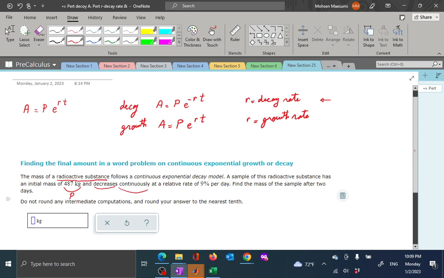Continuously, that's a continuous compounding problem we had before, which gives us this formulation of exponential of rt.